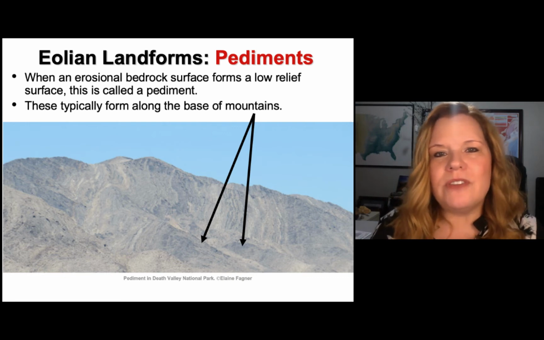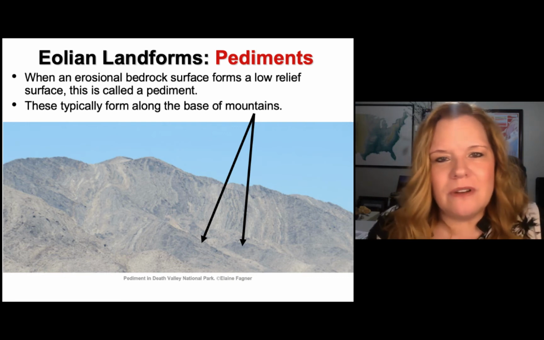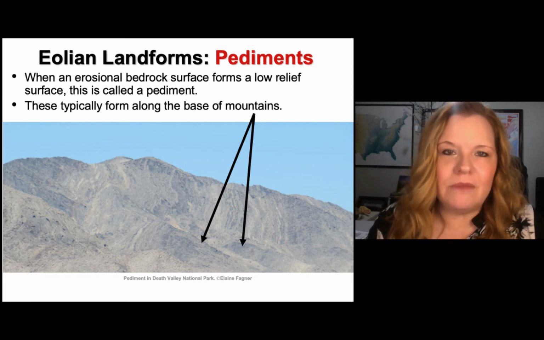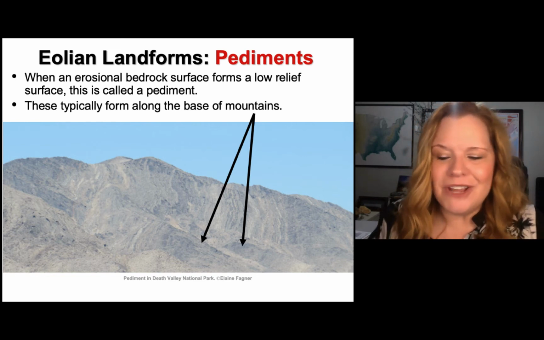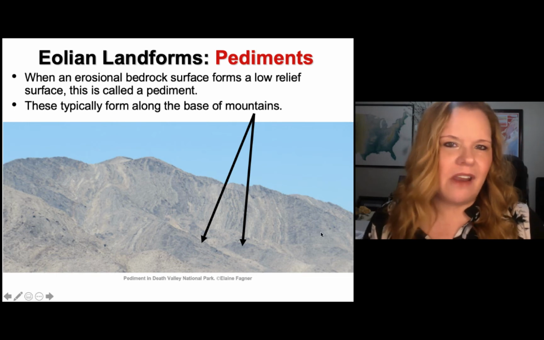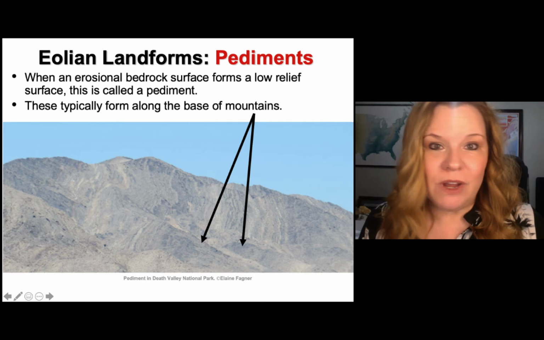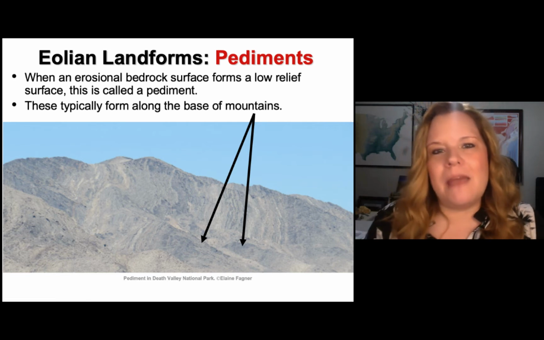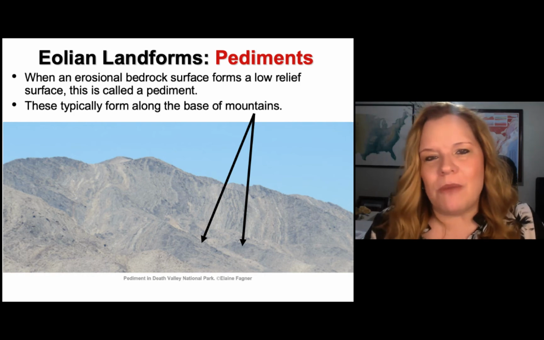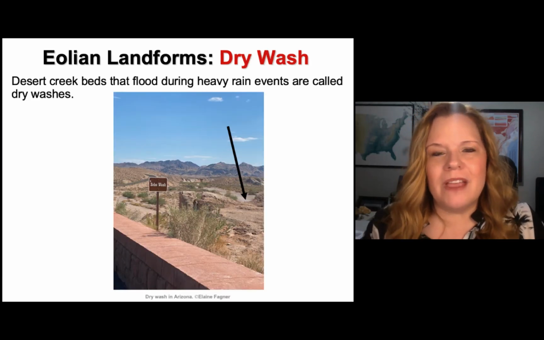On field course, I will usually have a student or two say, "What's that thing? It looks like a miniature mountain." Well, it is. It's a pediment in the desert. If you see something that looks like this and it's just sticking up and it's not tall enough, doesn't meet the requirements to be a mountain with a certain number of feet with a summit, then that's probably a pediment in the desert.